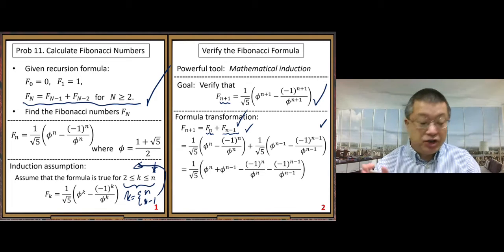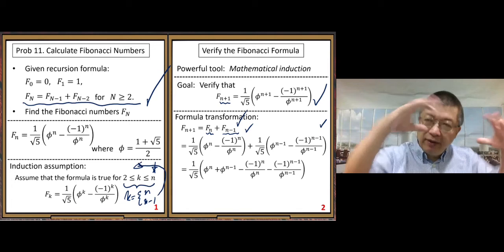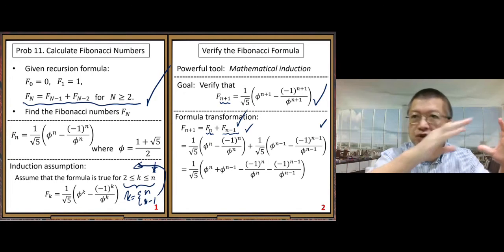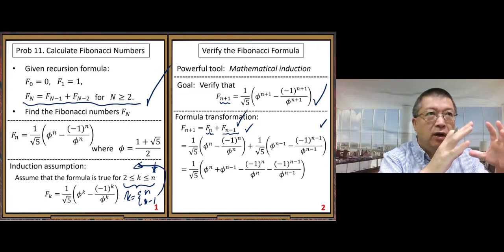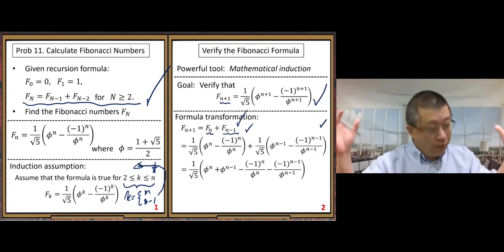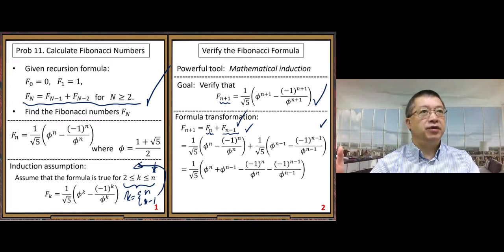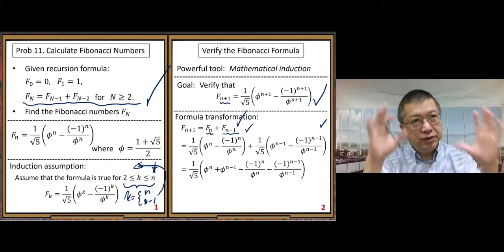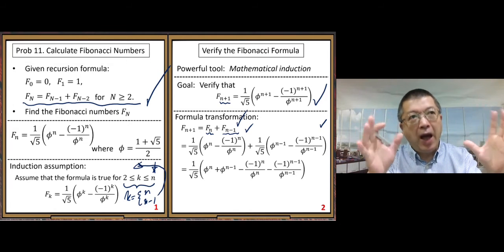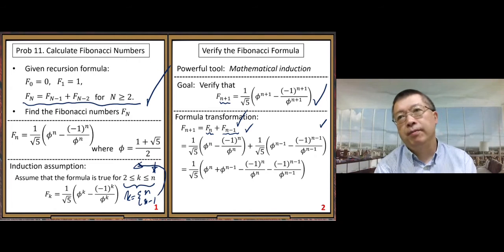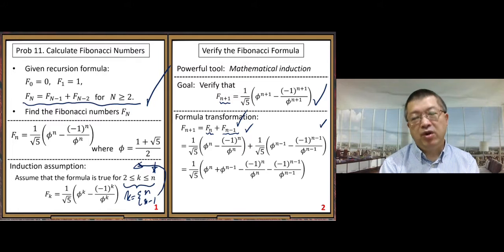After that, manipulate the formula. Try to make it as simple as possible. So we take that 1 over root 5, that constant coefficient, out of the big overall parenthesis, so then all the terms are inside that pair of parentheses.